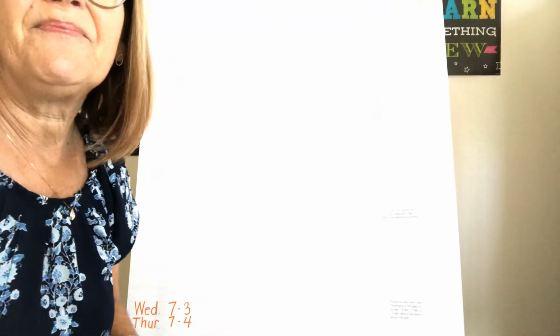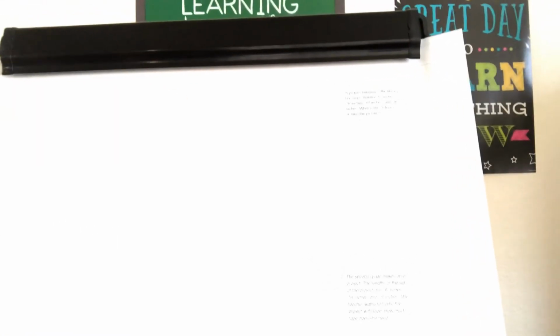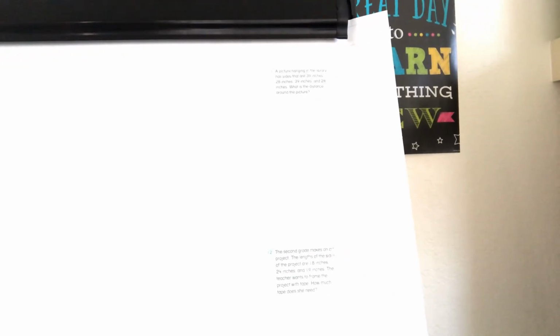All right, friends, let's do just a couple more problems. We are almost done. Okay, it says here, a picture hanging in the library has sides that are 39 inches, 28 inches, and 39 inches. Wait, 39, 39, 28, and 28. What is the distance around the picture frame?